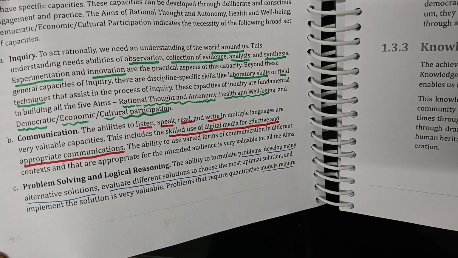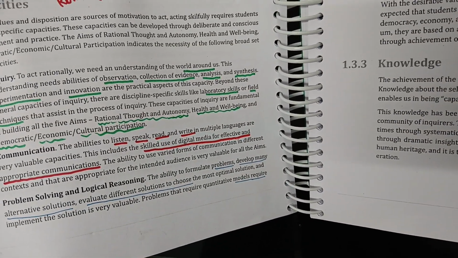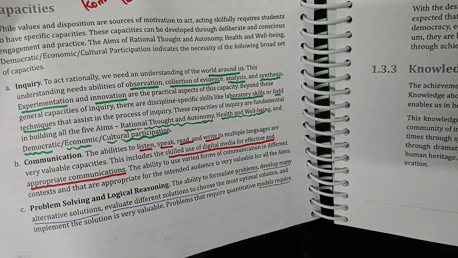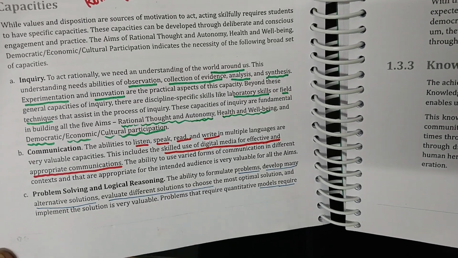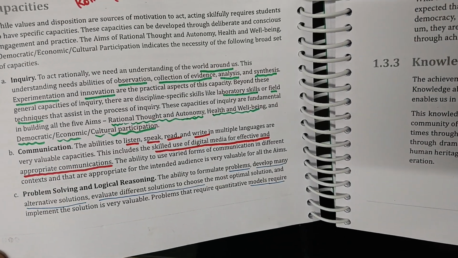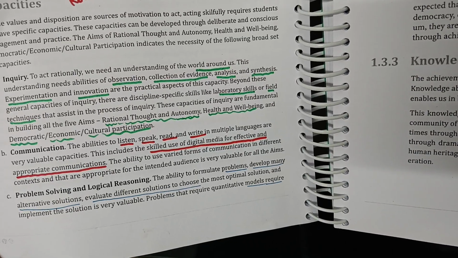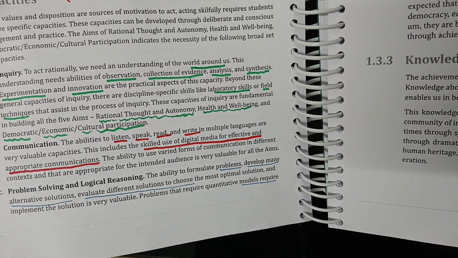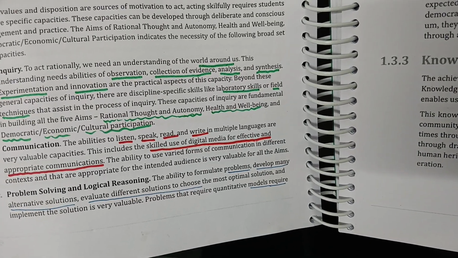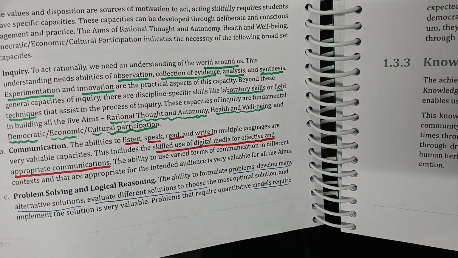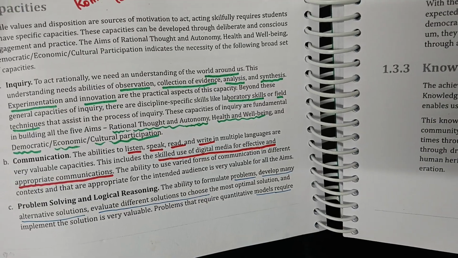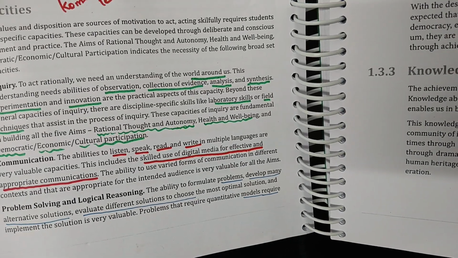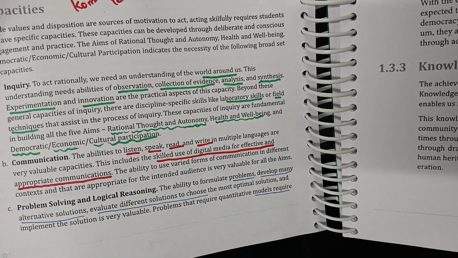Then communication. The abilities to listen, speak, read, and write in multiple languages are very valuable capacities. This includes the skilled use of digital media for effective and appropriate communication, and the ability to use varied forms of communication in different contexts appropriate for the intended audience, which is very valuable for all the aims.